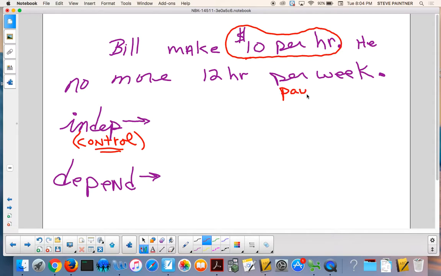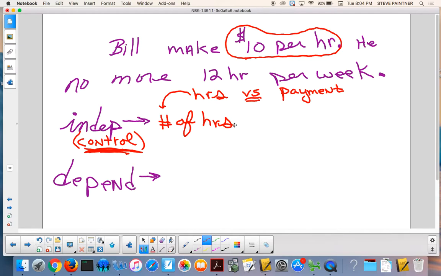What's his payment? So the things you're worried about in this problem, you're comparing two things: his payment versus his hours. Okay, so the variable that you control is going to be the number of hours. And the only reason you control the hours is because you can actually say, I want more hours or I don't want more hours. You really can't control your paycheck because you can't control what you get paid per hour.